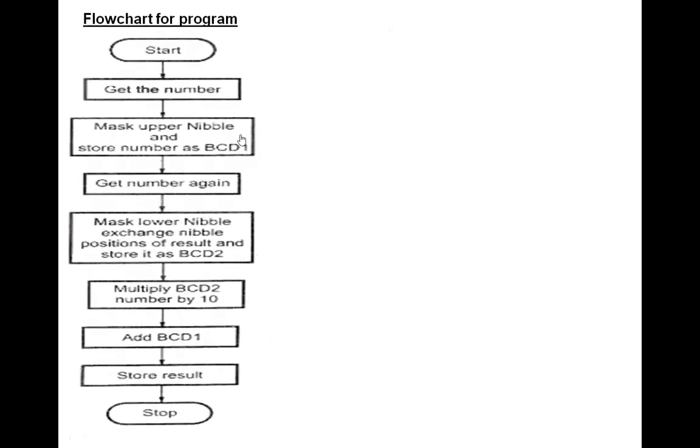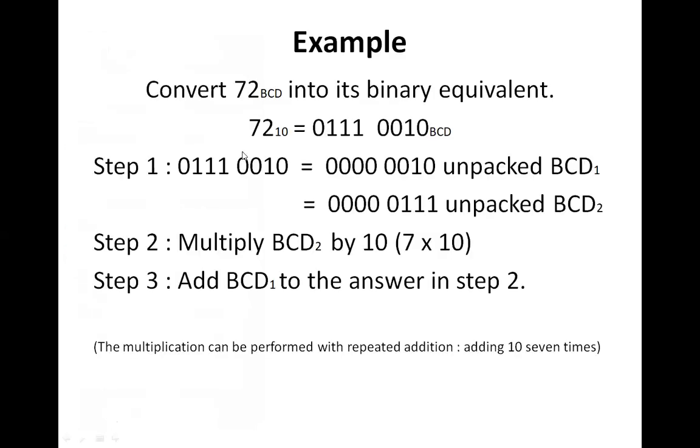So let us discuss the flow chart for conversion. First of all, we take the number, mask the upper nibble, and store the number as BCD1. What does it mean? This is the upper nibble, this is the lower nibble. This upper nibble is first masked. Masking means converting all these values to 0000.